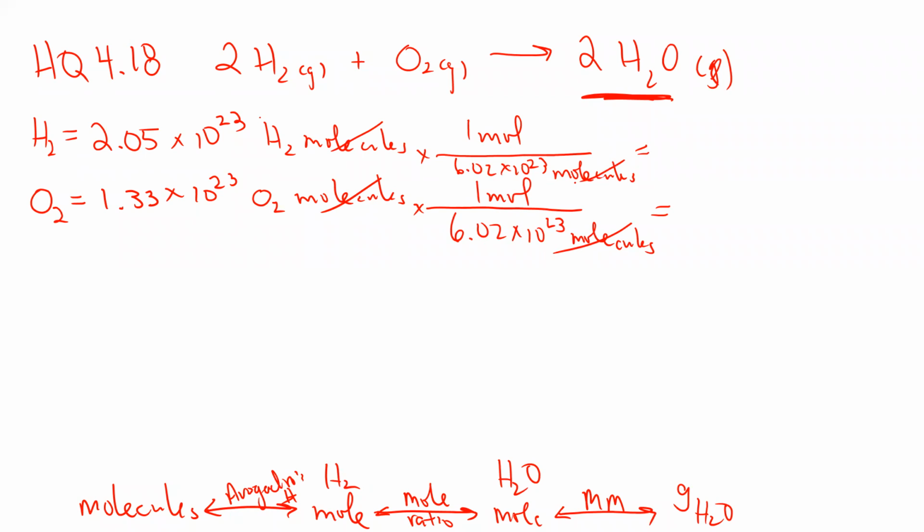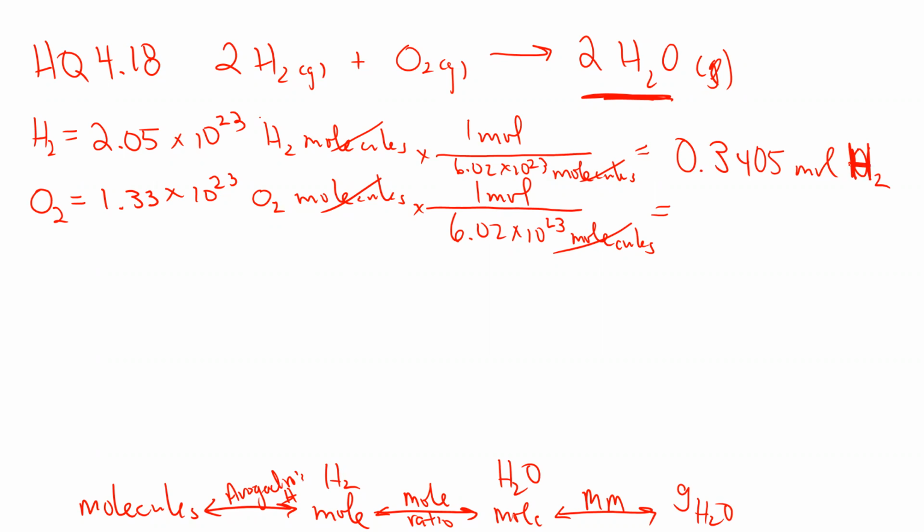We're going to be in moles. So 2.05 times 10 to the 23 divided by 6.02 times 10 to the 23, and I've got 0.3405 moles of hydrogen.